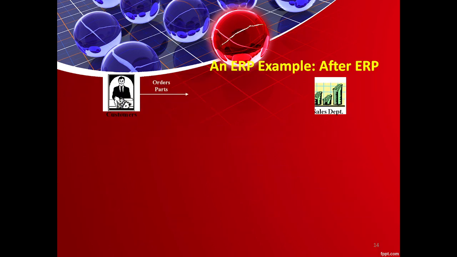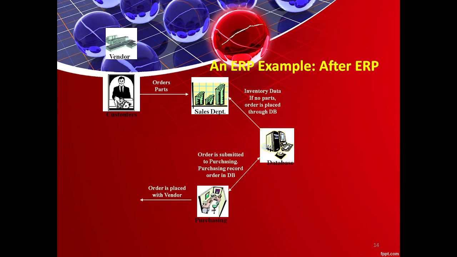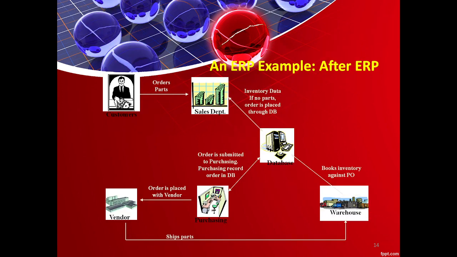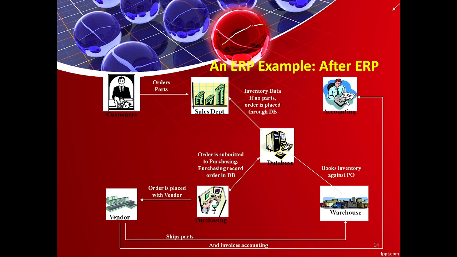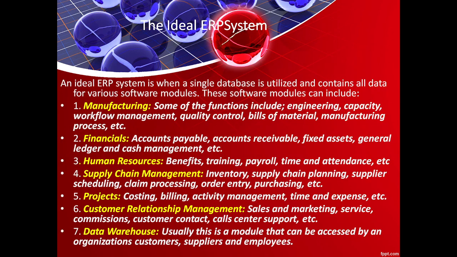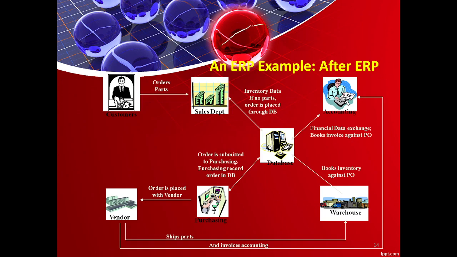After ERP, what we can see? So after ERP, we can see how this coordination takes place with the help of the software. We have vendors in one place. Now the order is placed with the vendors from the purchasing department.